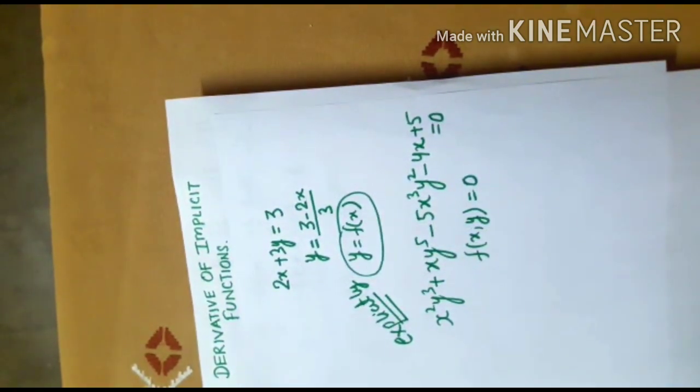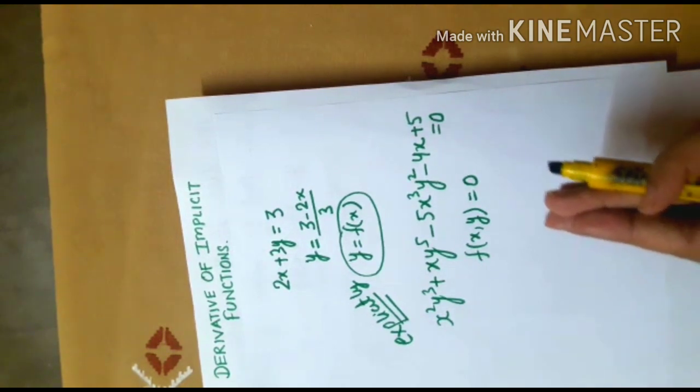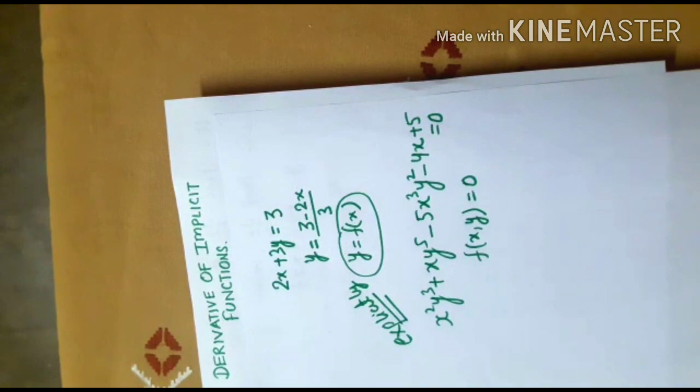So now we will learn how to find the derivative of implicit relation, that is, in the case where we are not able to express y explicitly in terms of x.